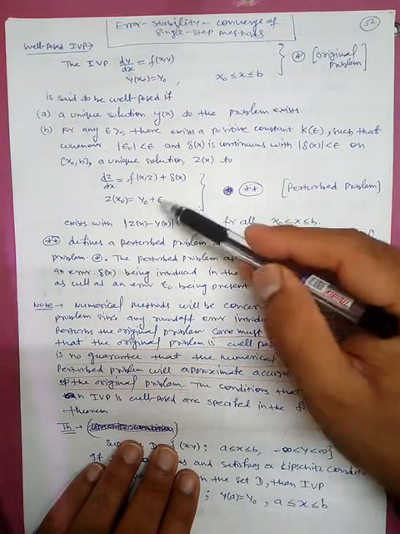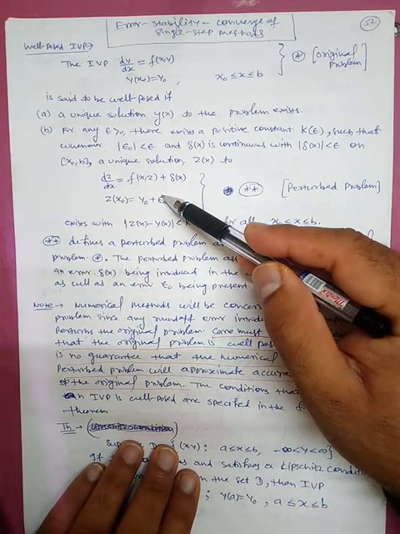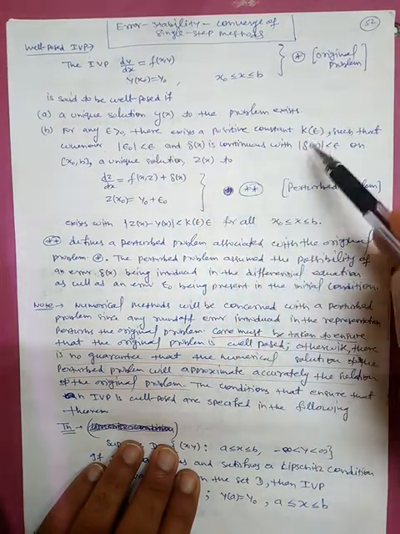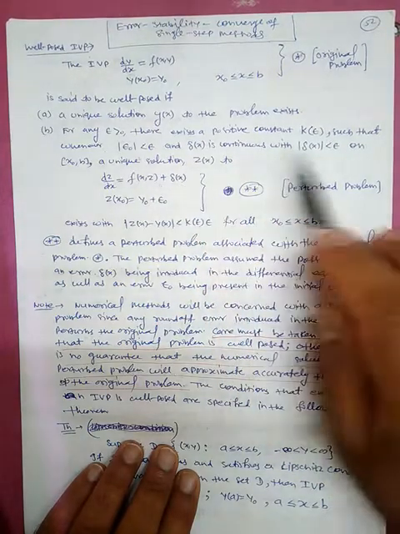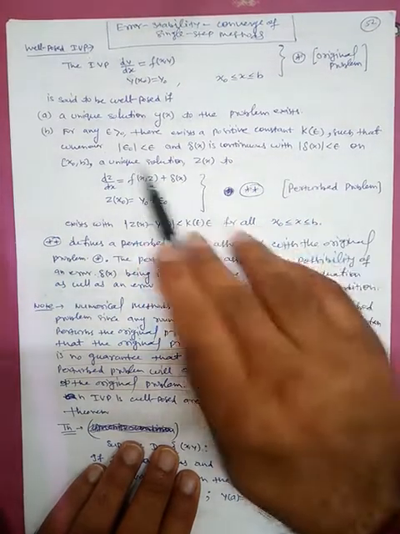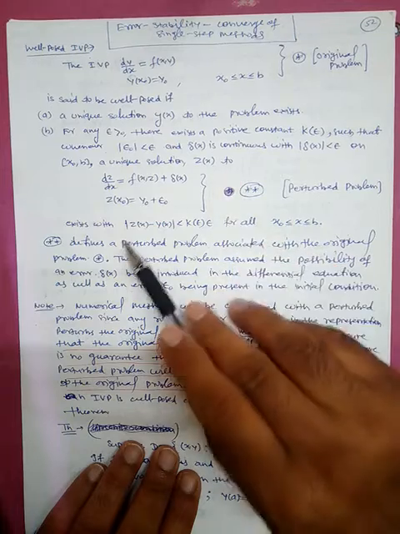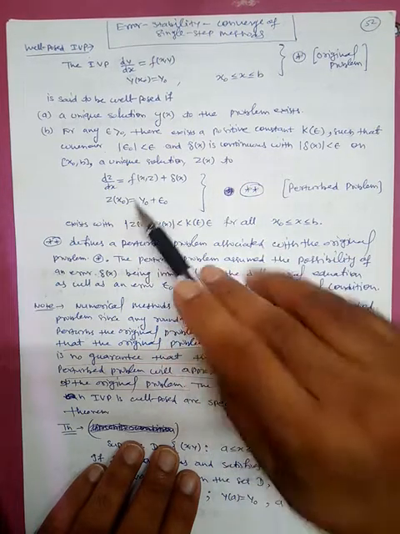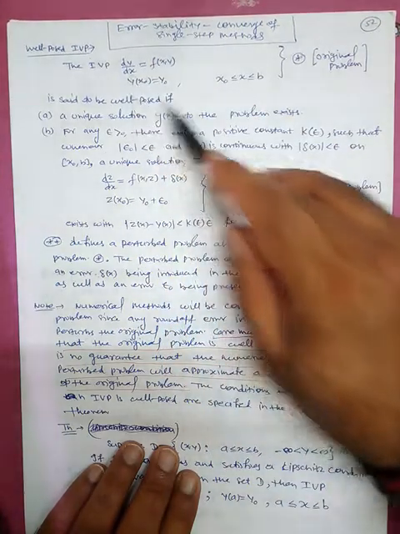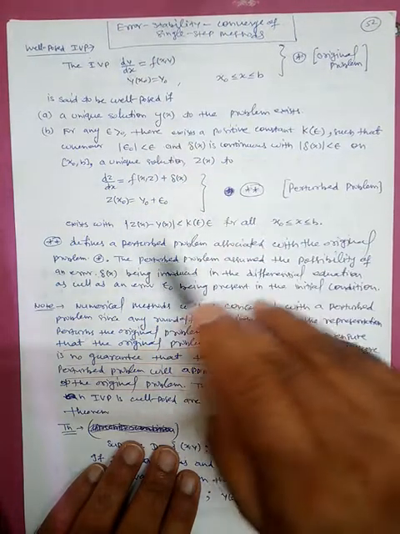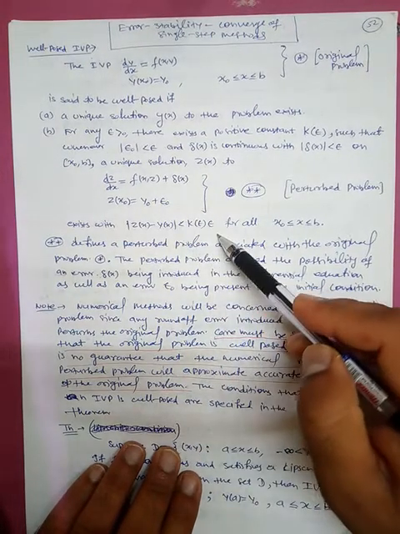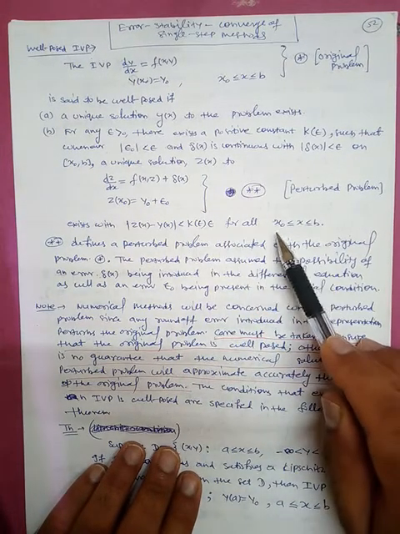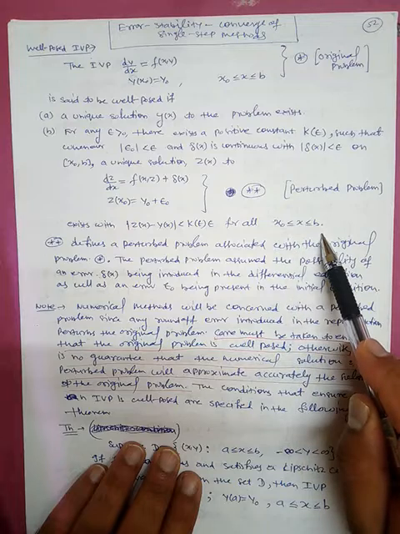The conditions are that the error introduced in the initial condition is bounded, as well as the error introduced in the differential equation. So both should be bounded. Then a unique solution exists, and the distance between the unique solution of the actual problem and the perturbed problem should also be bounded, that means less than k into epsilon for all x in the interval x naught to b.